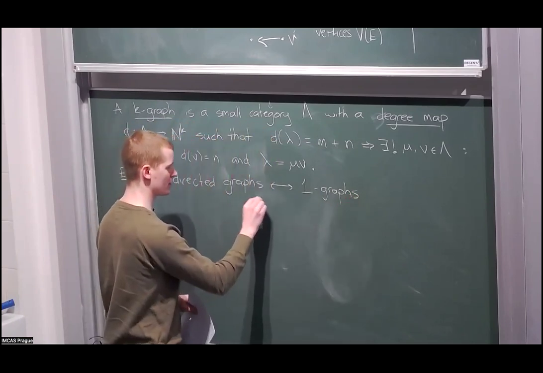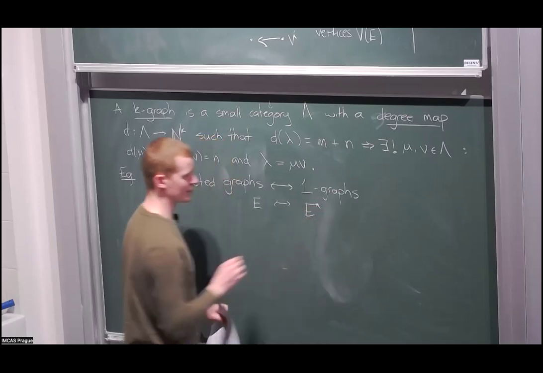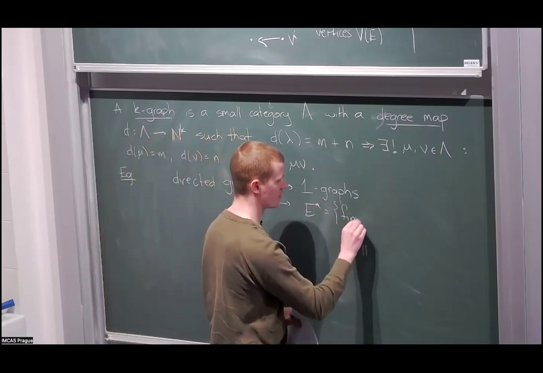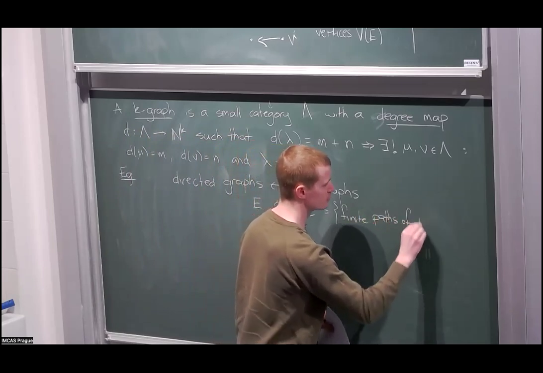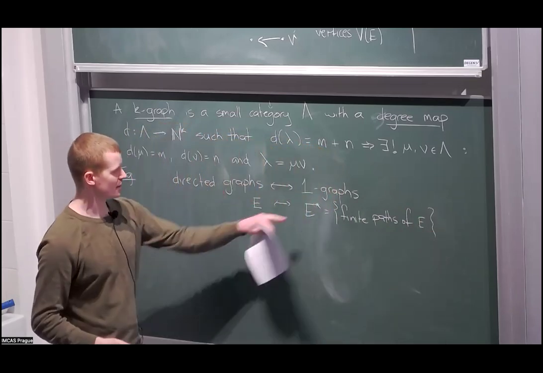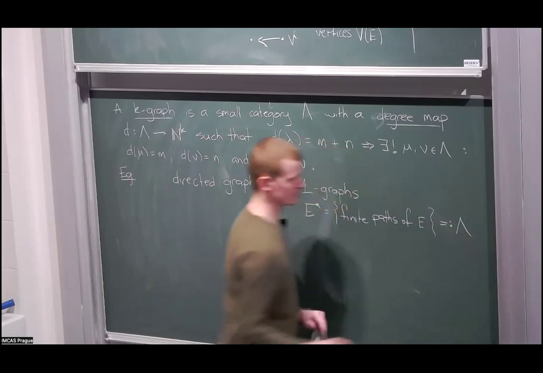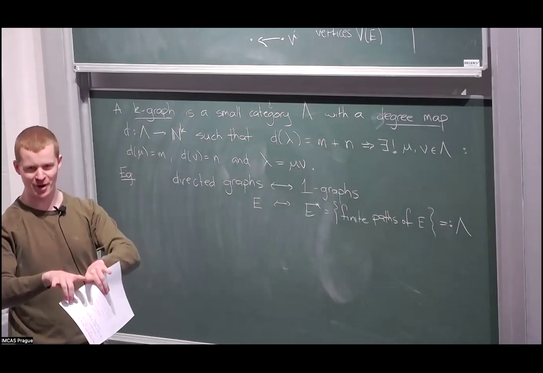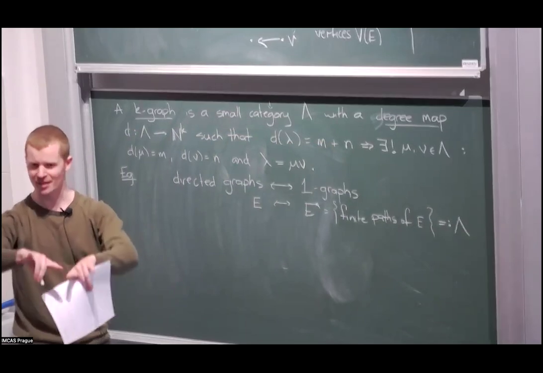If E is my directed graph, then E star, the collection of finite paths in E, this itself I take to be lambda, and I define a partial binary operation on finite paths by saying I can compose this finite path with that finite path if they start and end in the right place.